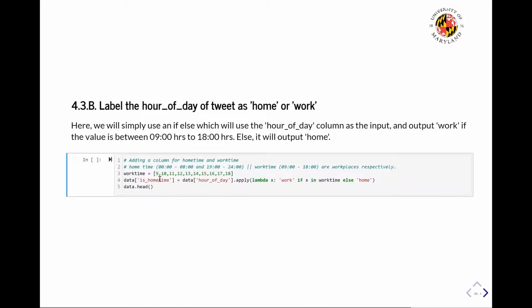So these are the hours that are classified as work time, and we'll again use the lambda and the apply function to perform this operation on the entire data frame and create a new column called is home time and save the results in that column.